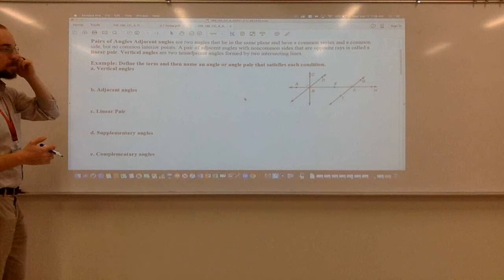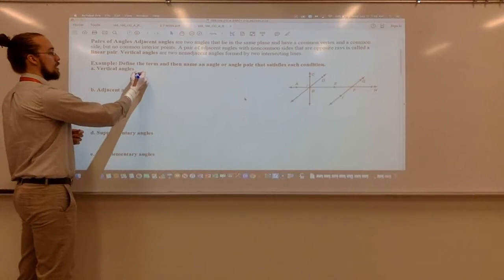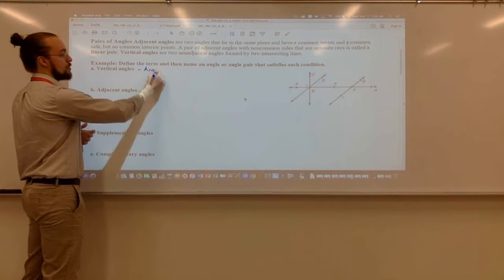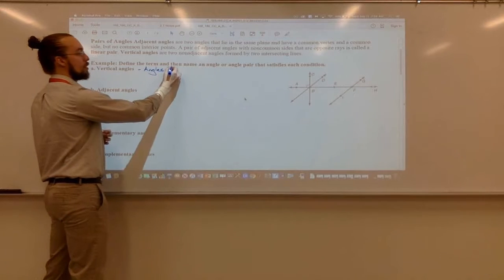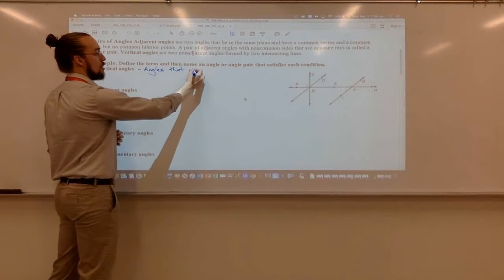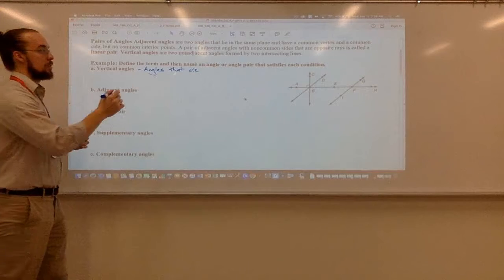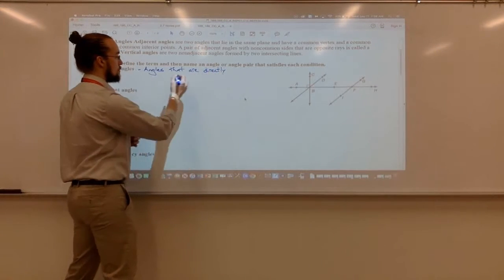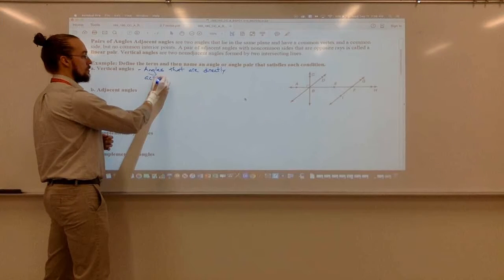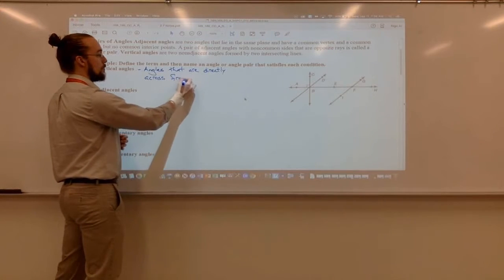So vertical angles are angles. The easiest way to define vertical angles is angles that are directly across from one another.